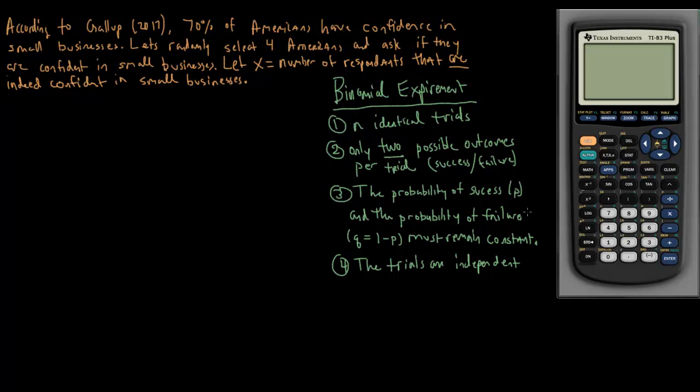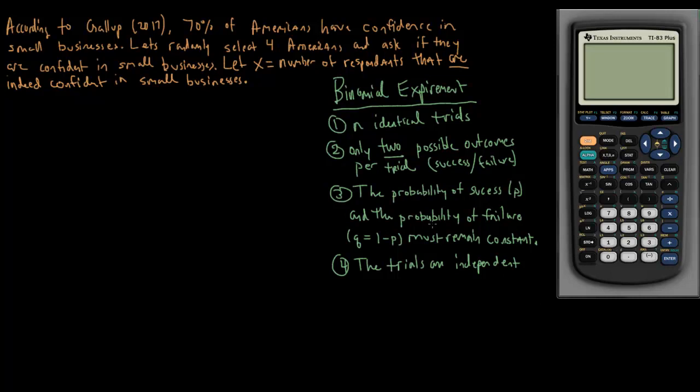Now, usually the way we verify that is saying we're picking random people or picking random objects. That is, if you pick a random American and ask them whether they have confidence in small businesses, it should not affect you picking somebody from the other coast at random and asking them if they have confidence in small business. So they're not related at all. They're picked at random, so that's how we should satisfy number 4. So if these 4 items are satisfied, then we know this is a binomial experiment.